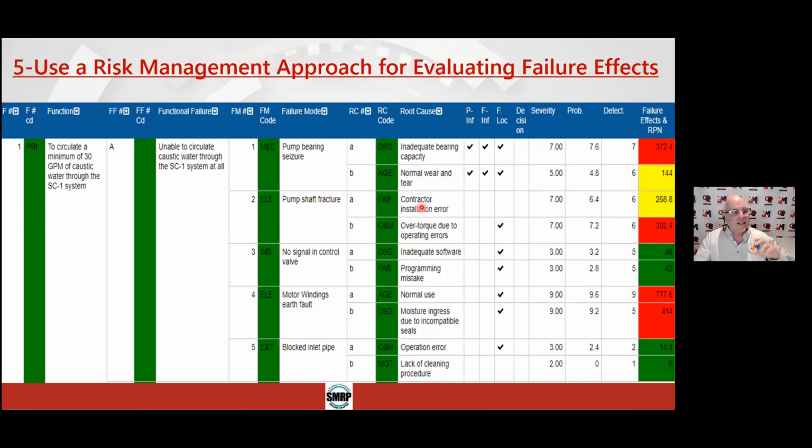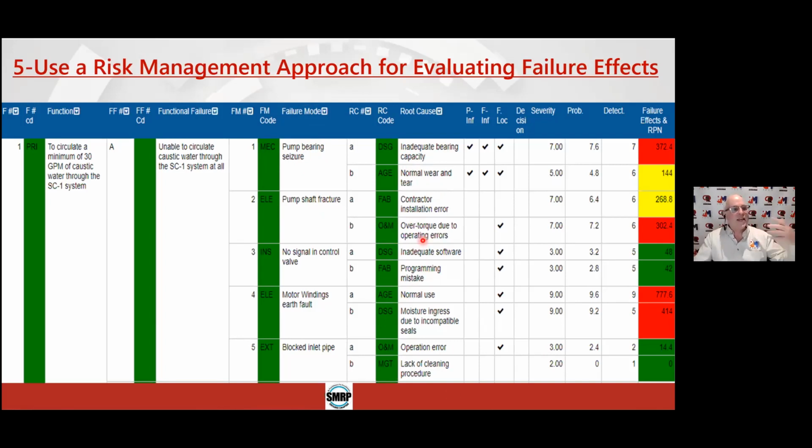Let's try to understand how they could happen, the reasons behind the scenes. There could be design flaws, there could be age types of problems, there could be OEM and O&M errors, which is operation and maintenance errors, and so forth. So we can understand management things: we don't have the right procedure, we don't have the right practices, etc.